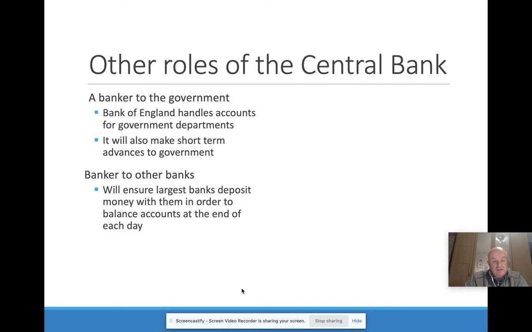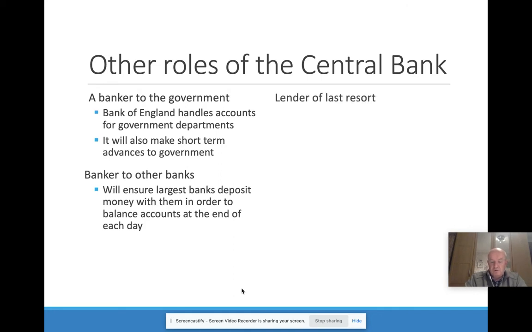So in this instance, particularly given some of the issues that we've faced since 2007-2008, the central bank will be responsible for making sure that some of the largest banks actually deposit sufficient money with them so that they can meet all of their commitments at the end of each day. So that's another regulation or check mechanism that the Bank of England is responsible for.